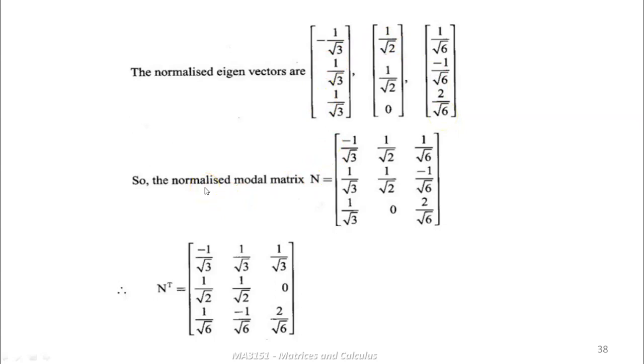Then we can form the normalized modal matrix capital N, with the first normalized vector as the first column, the second vector as the second column, and the third vector as the third column. Therefore, its transpose, N transpose, after interchanging rows into columns and columns into rows, we can get N transpose.